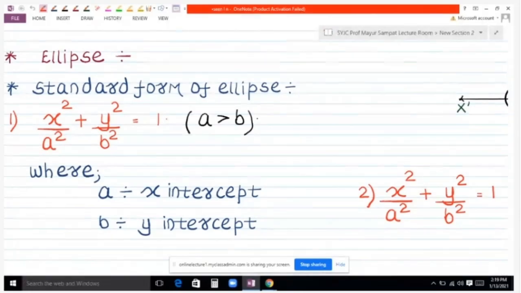The first one, write it down: x square upon a square plus y square upon b square is equal to 1. This is the formula, and you will have to learn this formula as it is.